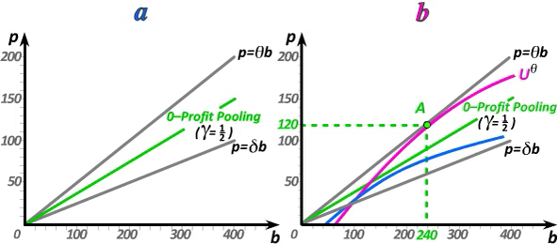In graph 22.4, we also found the highest possible indifference curve that an individual of low-risk type could attain in a separating equilibrium. That blue indifference level is attained by purchasing the insurance policy B that's offered in a separating equilibrium.